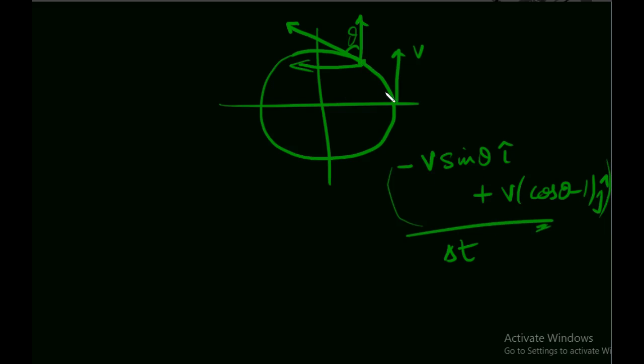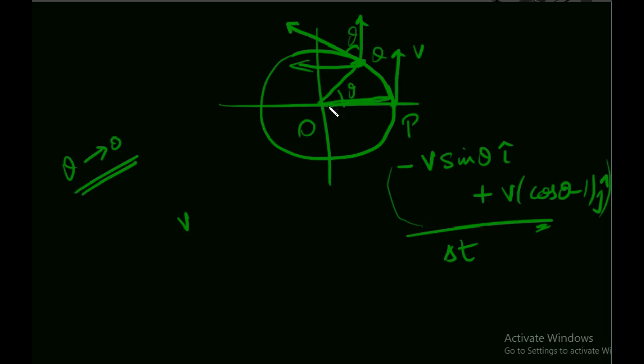And if we calculate this, for a very small interval we have to take, okay. This means theta reaches 0, because theta here is not very small. When theta reaches 0, the point reduces to this point P, because theta reaches 0.